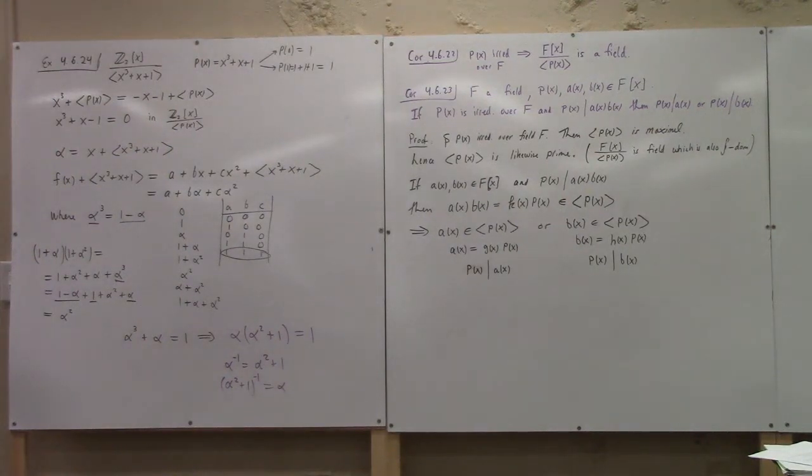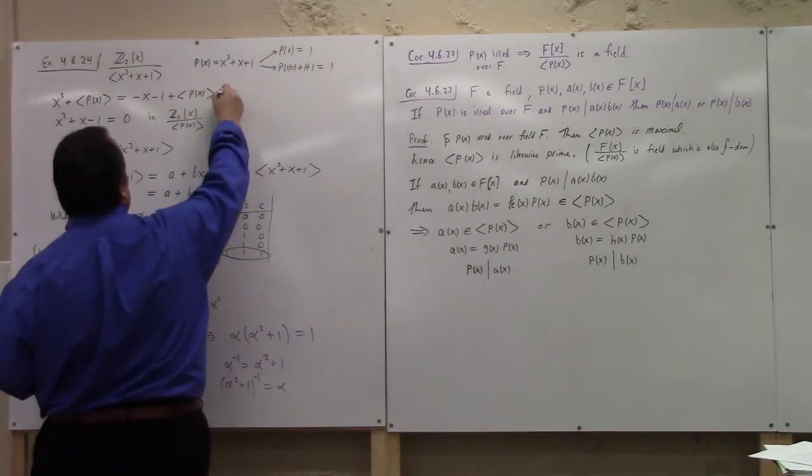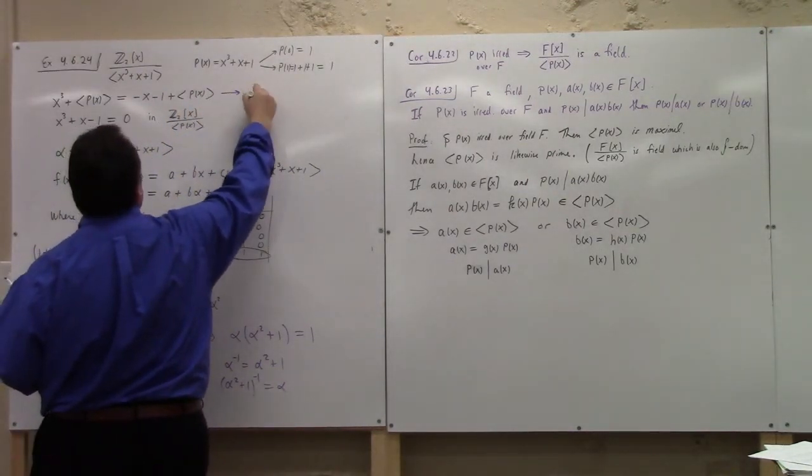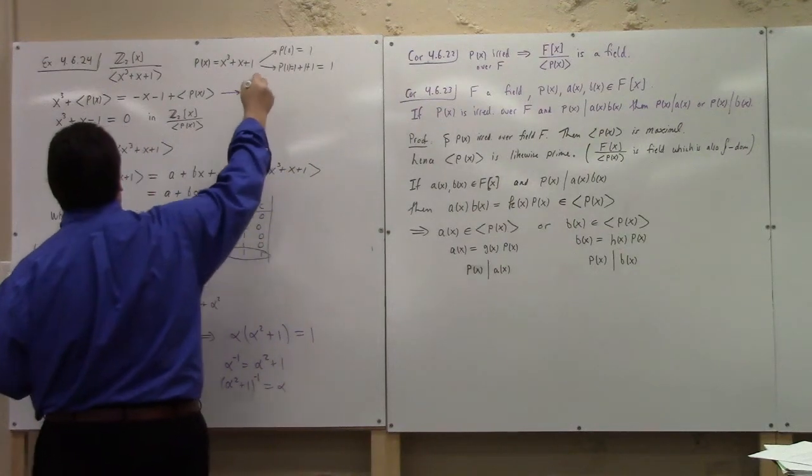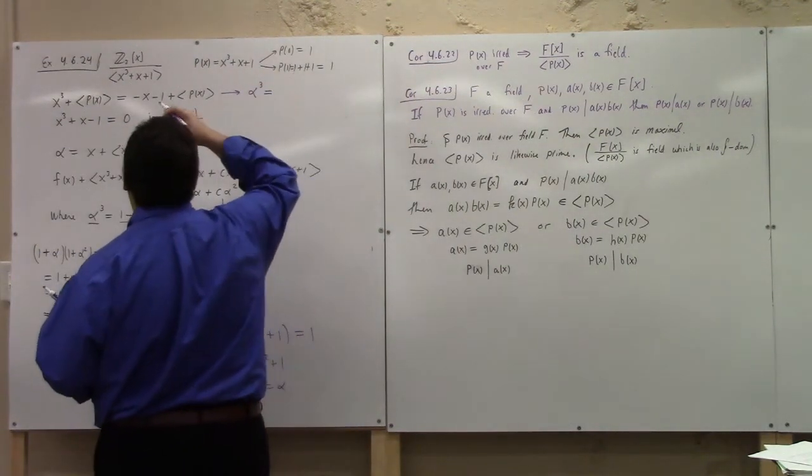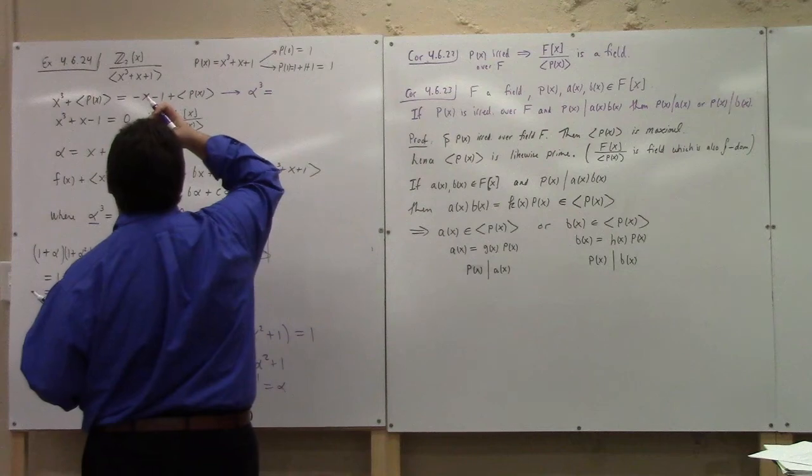When you said alpha cubed is equal to 1 minus alpha, how do we know that? That is what is set up here. This is alpha cubed equals to, oh man, did I miss a minus?